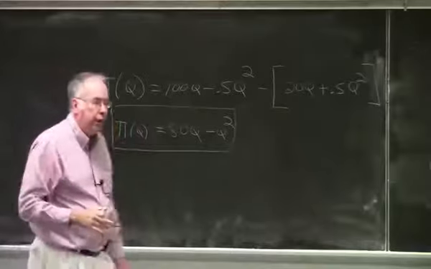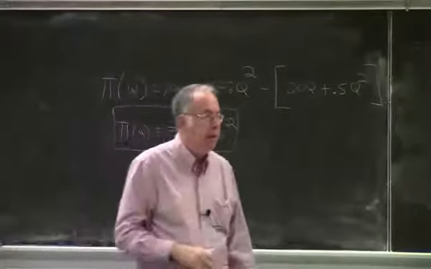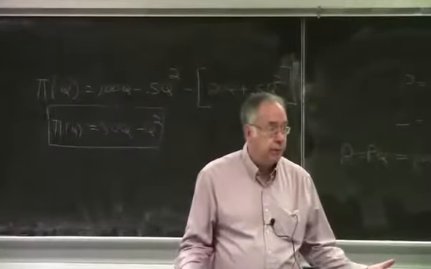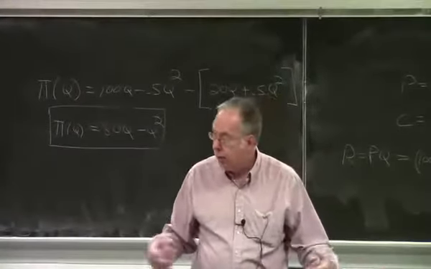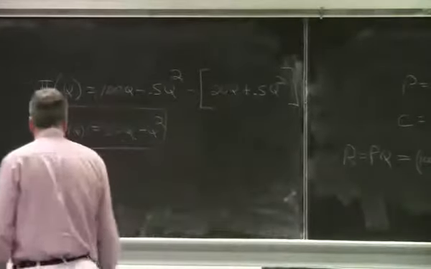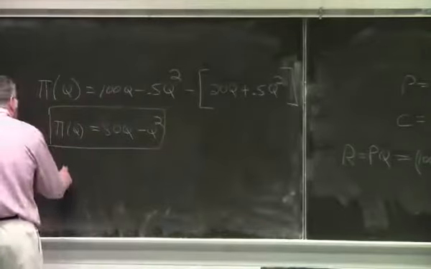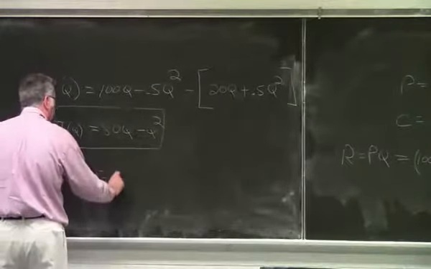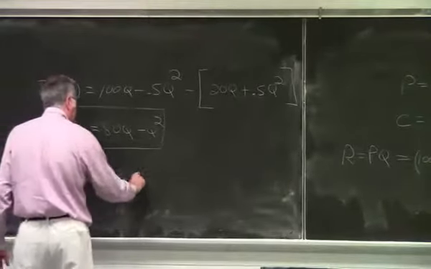We assume that the monopolist wants to maximize profit. So this is our objective function. We want to choose the value of Q that'll give us the maximum profit. The first order condition is this. Pi prime of Q, which is just 80 minus 2Q.